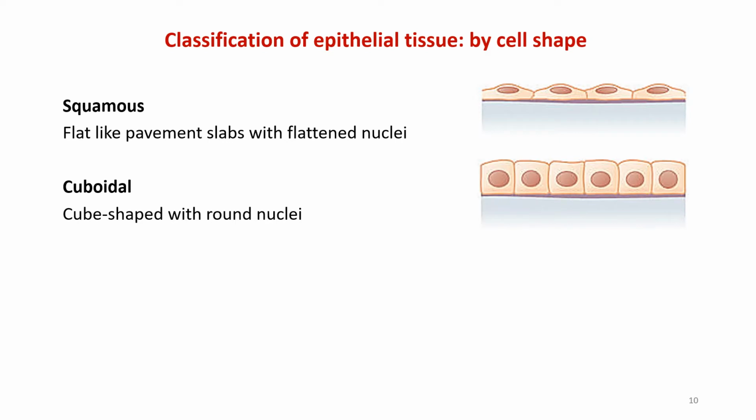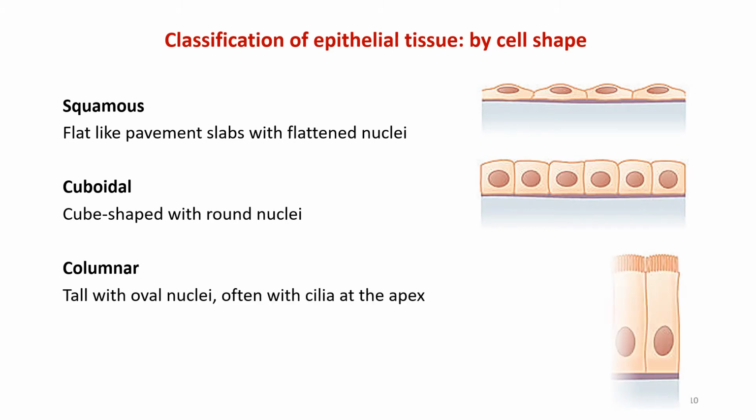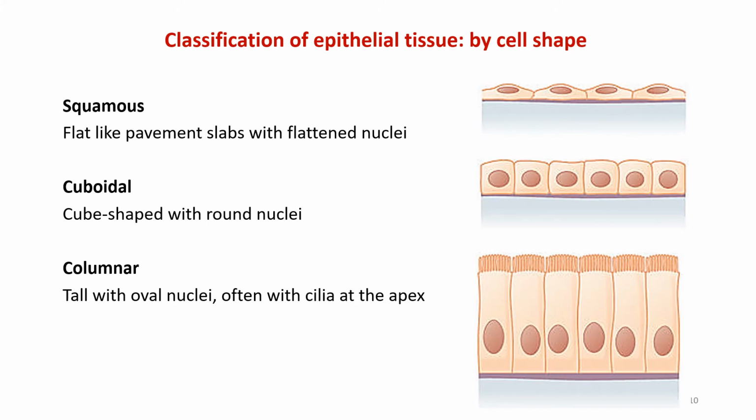Cuboidal is, as it suggests, cube-shaped, and they have round nuclei. Columnar, again, as the name suggests, are tall. They're like columns. They have oval nuclei and they often have cilia at the apex, at the top.